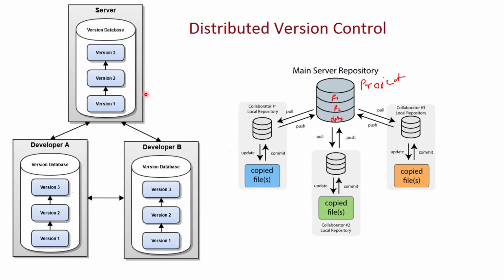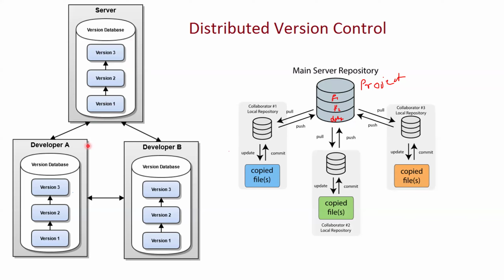So in the distributed version control, see, first we release version 1, then version 2, then version 3. This is my whole database. When a developer is going to work on it and takes that project, instead of only version 3 or any other version, he will get the complete copy of the project.